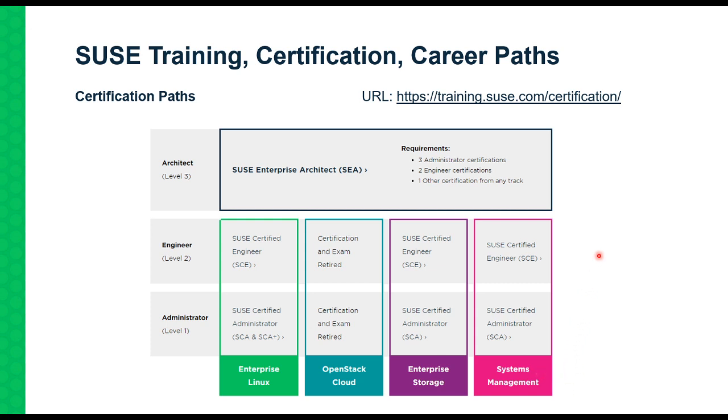So when you have a combination of 2 engineer certifications, this one and this one, okay, that's now been retired, so let's say any of the other ones, and you get 3 administration certificates, any of the 3 at the bottom, and then another certification from another track, as we showed you on any of the career paths at the back, then you become the highest level in SUSE, which is called an architect level. It takes a while to get there, but it's well worth the effort. Let's see how we can get to that portion.